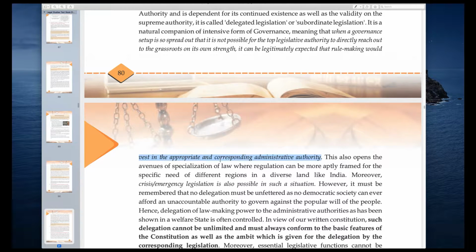So it is the same thing that we discussed already in the introduction, that not everything is feasible for the supreme authority, so it simply transfers or delegates those powers to the subordinate authority. In our case, it is known as administrative authorities. Okay, so that is the same thing.